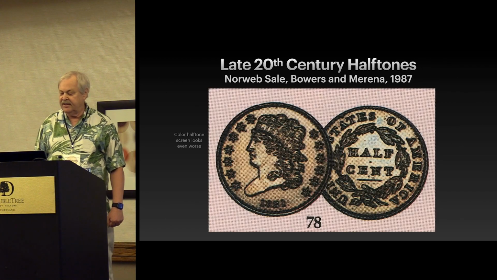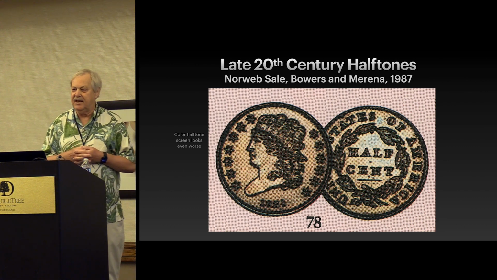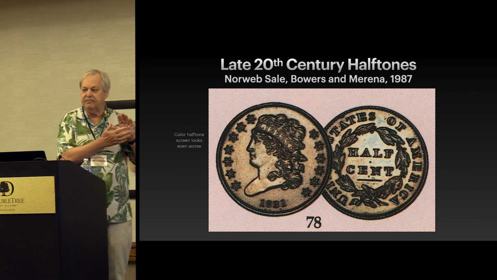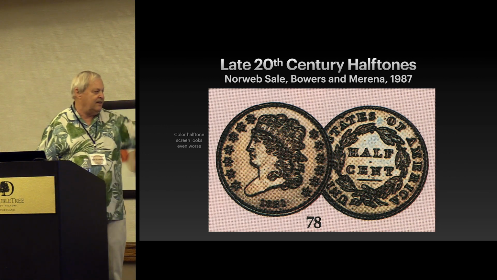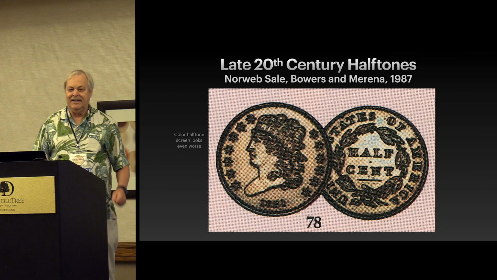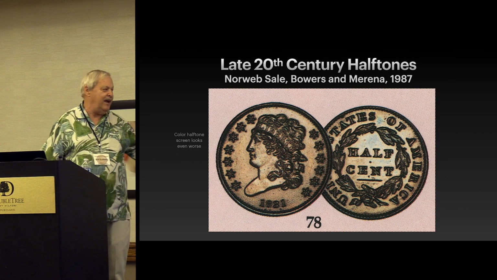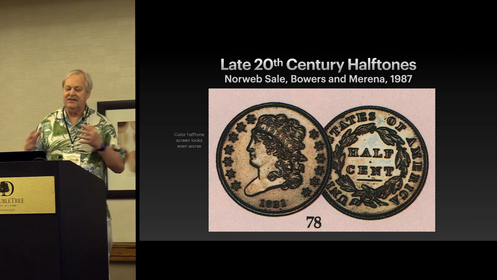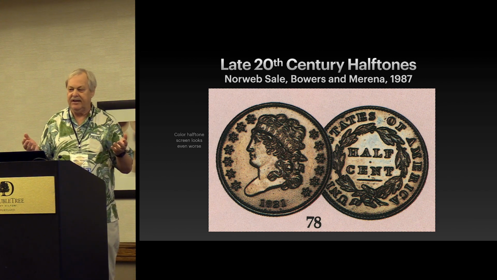And they started doing color prints of coins about the time. They would have them in a plate or two at the front of the catalog or the end of the catalog. It looks like crap. And the reason it looks like crap is because there are 4 halftone screens that are printed over each other, and it just makes the whole thing look muddy.